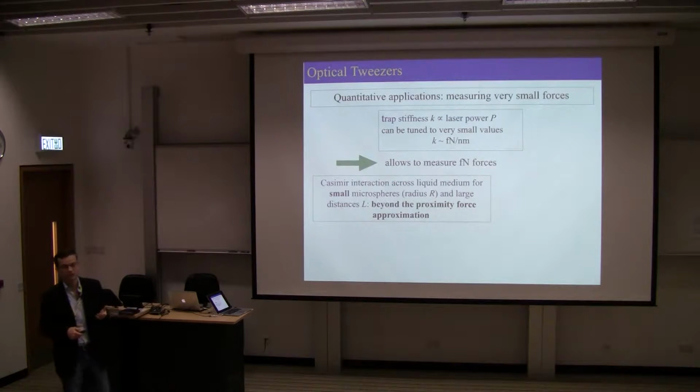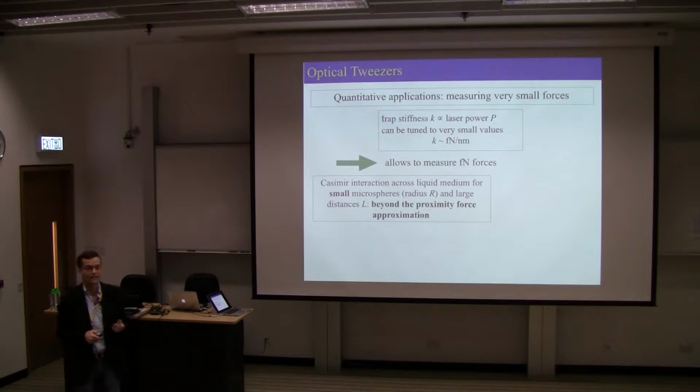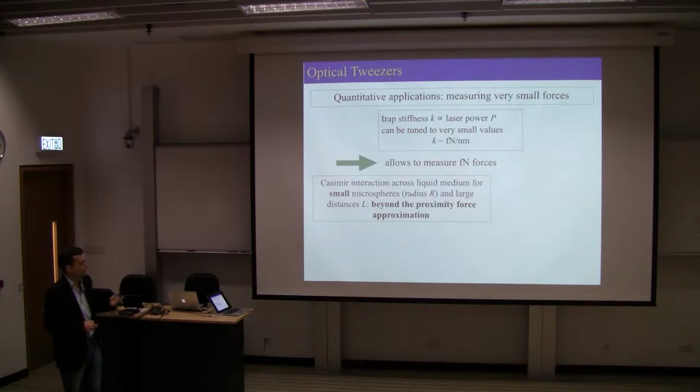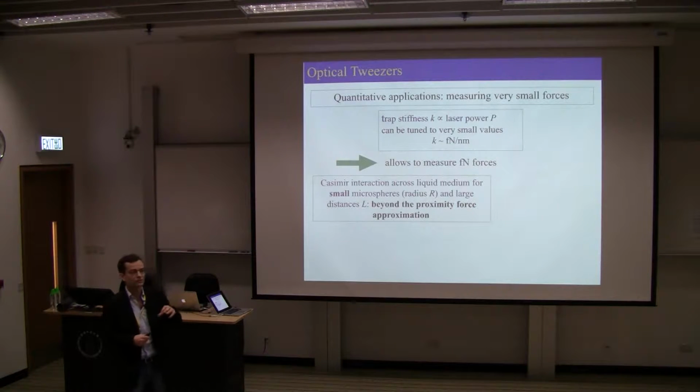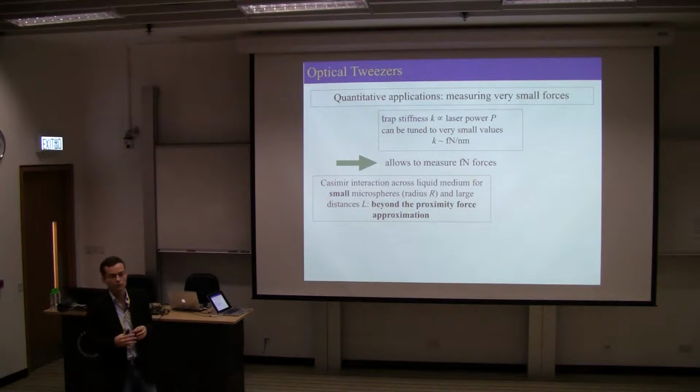If I can measure very, very weak forces, I can, for instance, measure the Casimir force in principle for small spheres, or rather small spheres compared to other experiments, and rather large distances, and be well beyond the regime of validity of the proximity force approximation. So I would be probing this geometry of the sphere, right? Well, in this situation where the curvature plays a non-trivial role, right?